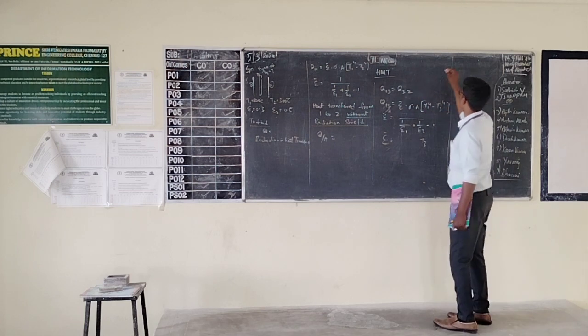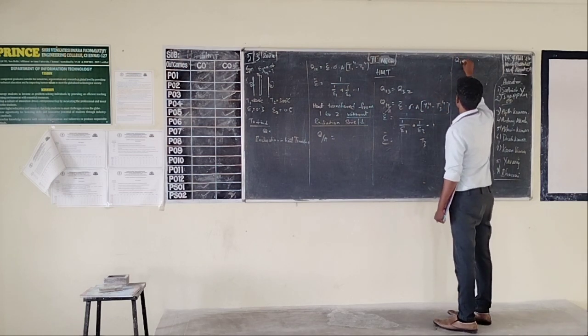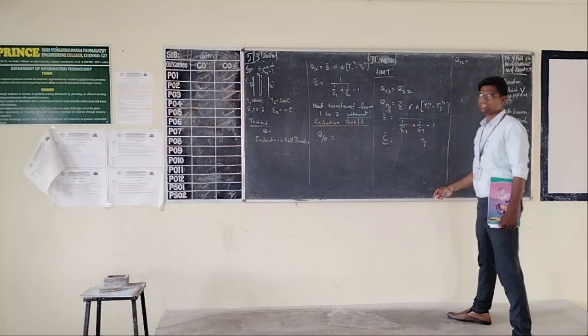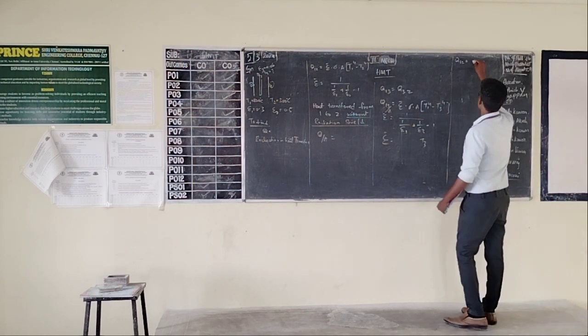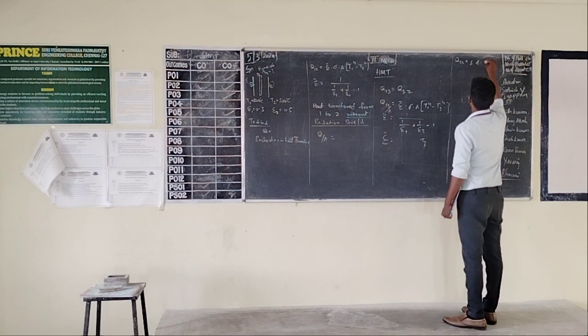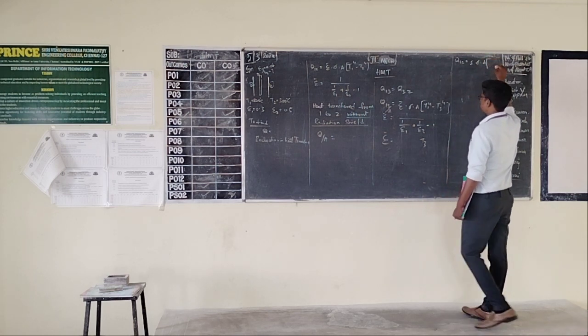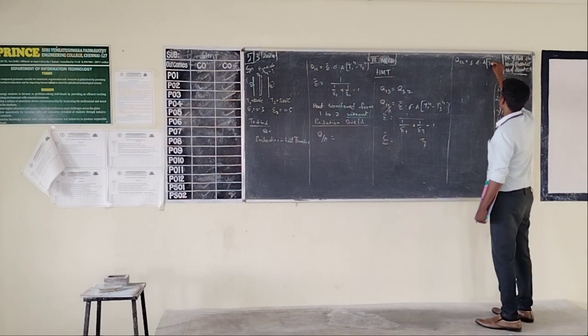Right? And now take Q32. What is the formula for Q32? Heat transfer formula: emissivity, Stefan-Boltzmann constant, area, and T3 power 4 minus T2 power 4.